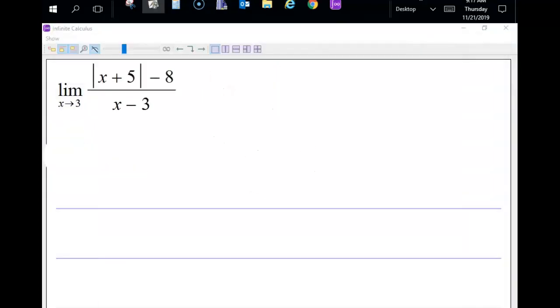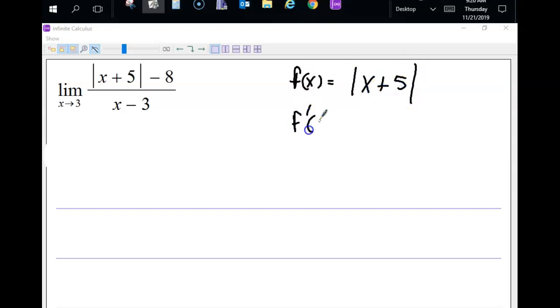So, see if you can do this one. Caitlin, what is my function here? And what is the derivative of that function, James? It's the absolute value of x plus 5 over x plus 5 times 1. Good. And I'm just going to leave the times 1 off, but you can have that. Pearl, I'm finding the derivative at what value? 3.